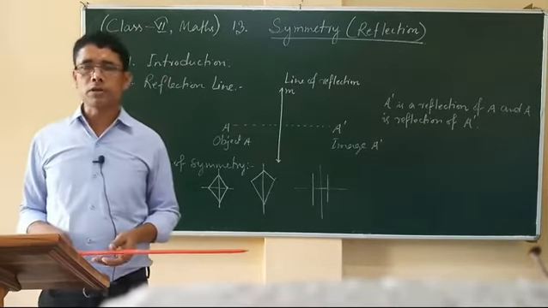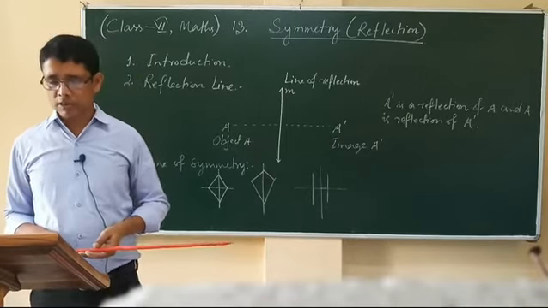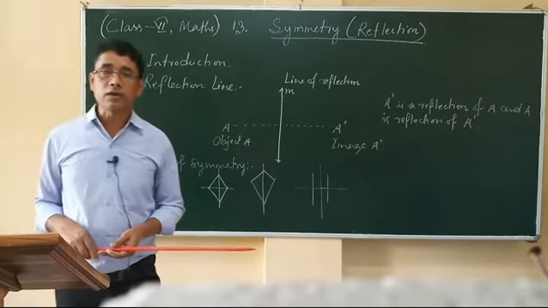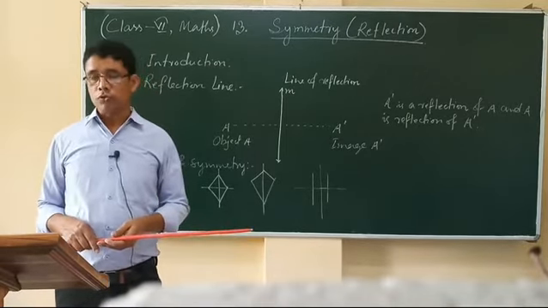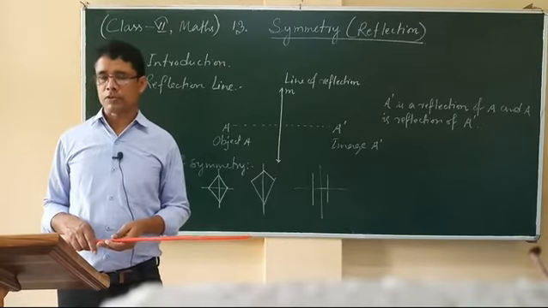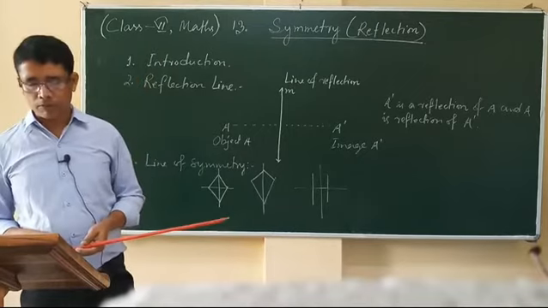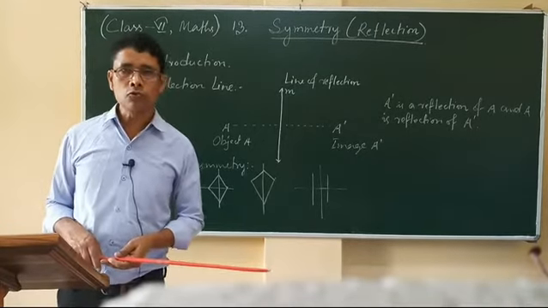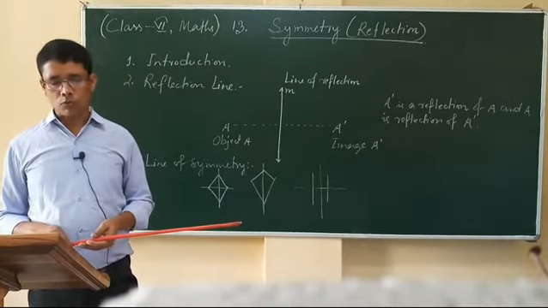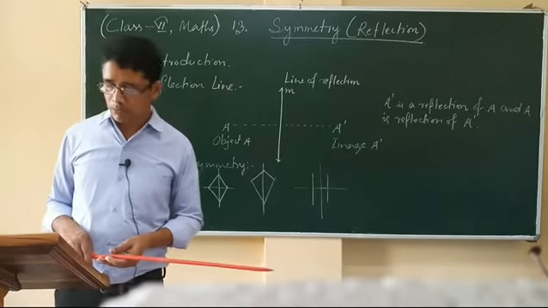The line of symmetry, which is also called the axis of symmetry, divides the figure into two equal or identical halves.